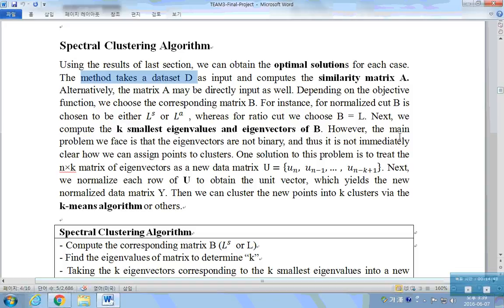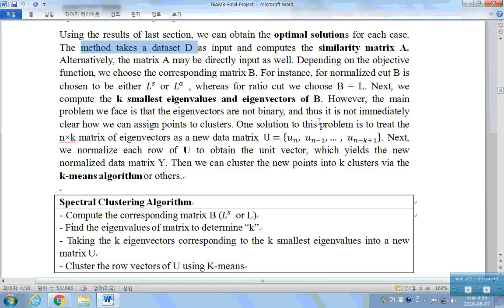Then we put the eigenvectors in one new matrix U, where Un means the eigenvector corresponding to lambda n, the smallest, like this way. Then a new matrix comes, and we normalize each of its rows.